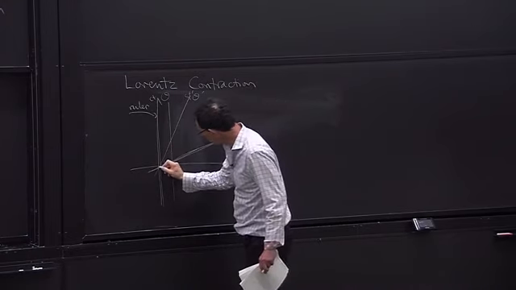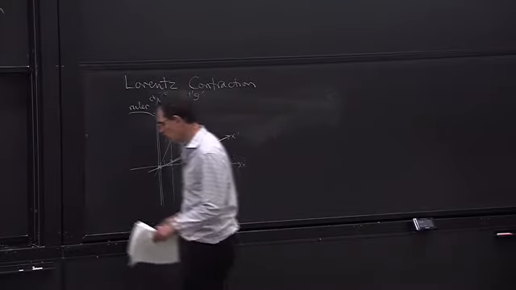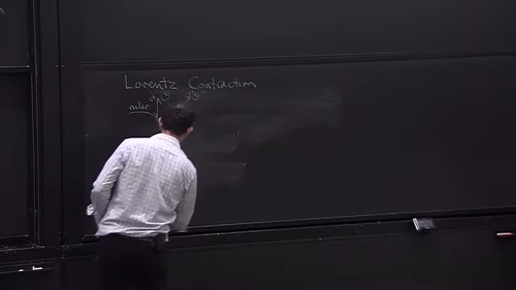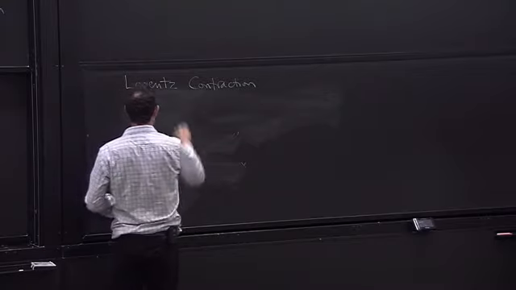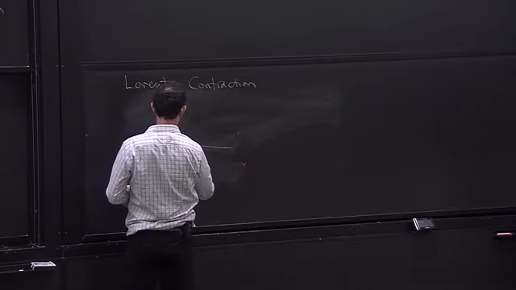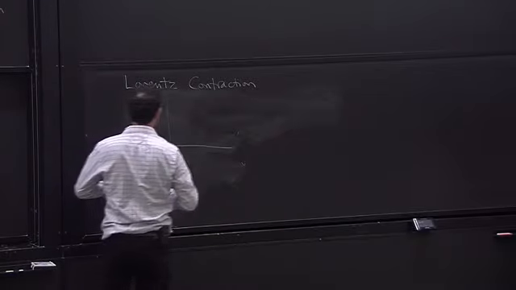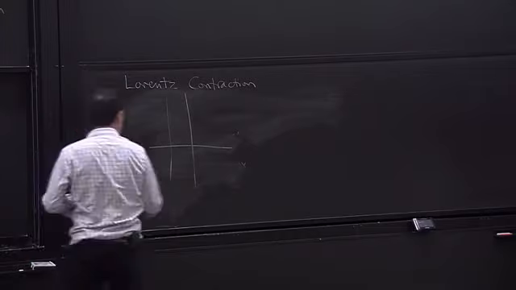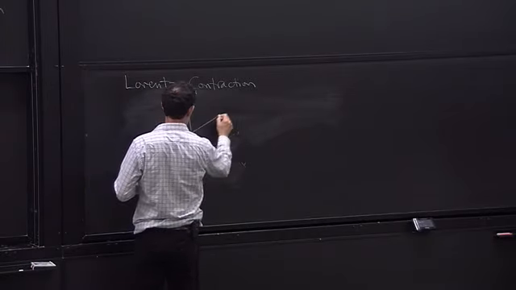According to O prime, the ruler starts here and ends there, if I can draw this. Let me expand the picture a little bit. Okay, and then O prime has these axes.